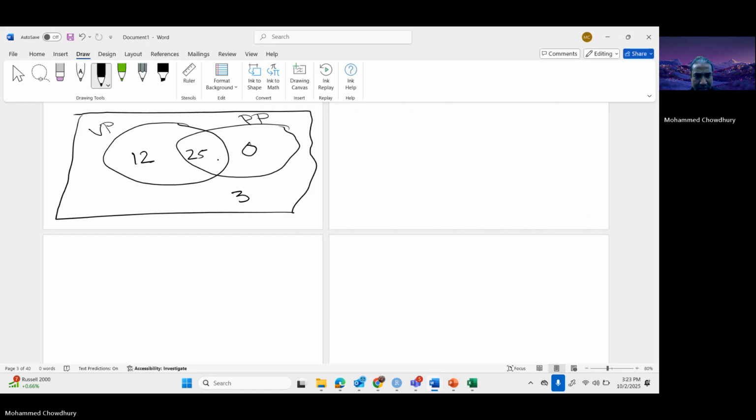So if it is 25, then 10 is in here. So only pepperoni, you would not find anyone.